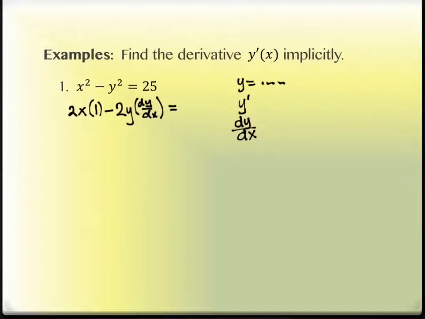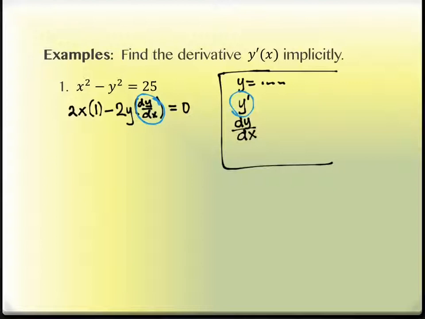On the right-hand side, I have 25. What's the derivative of 25? 0. Lovely. So what are we actually finding? Well, we're trying to solve this for dy/dx when we're done. Okay? So the goal when we're done is to have the dy/dx, just like the y prime, alone on one side. The catch is that we won't always be able to have just y or just x's on the right-hand side when we do that.